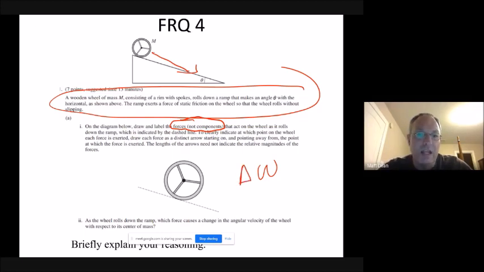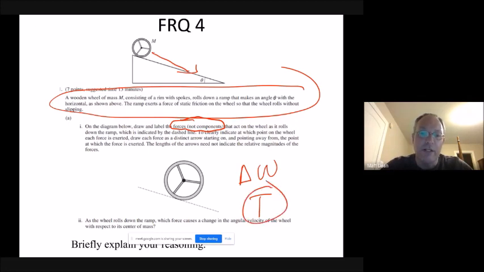That means that there's angular acceleration. And what I hope you think about here is, what kinds of things cause changes in angular velocity? What kinds of things cause angular acceleration? And I hope you eventually work your way to the idea that torques cause changes in angular velocity.